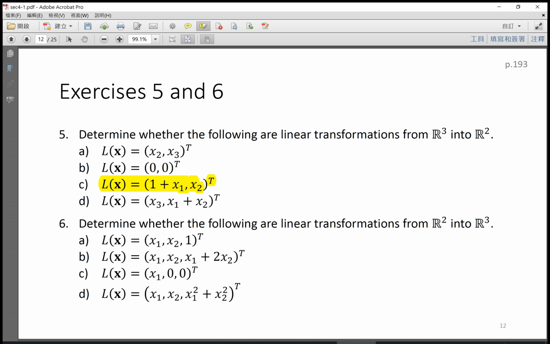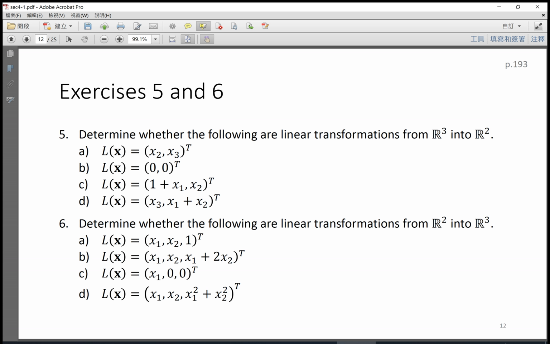And since L of 0 is not equal to 0, therefore in case C, L is not a linear transformation. And for this case, the constant term is not 0, although the other terms from x are of first order only.